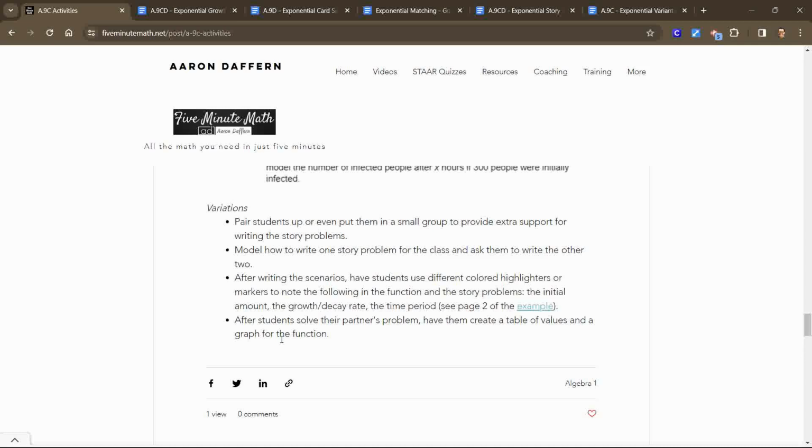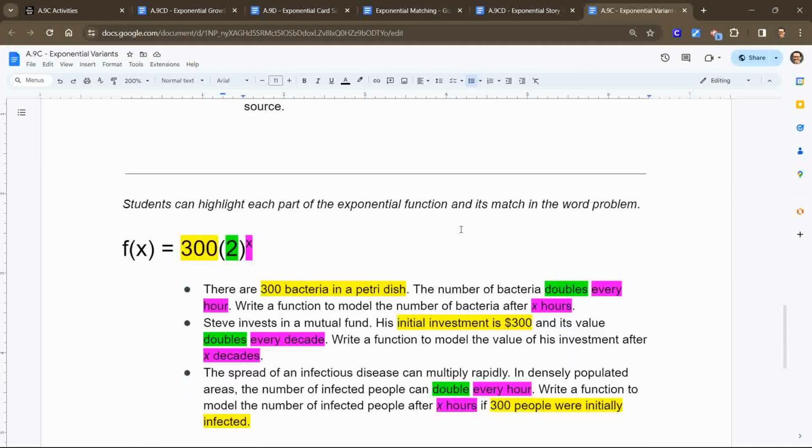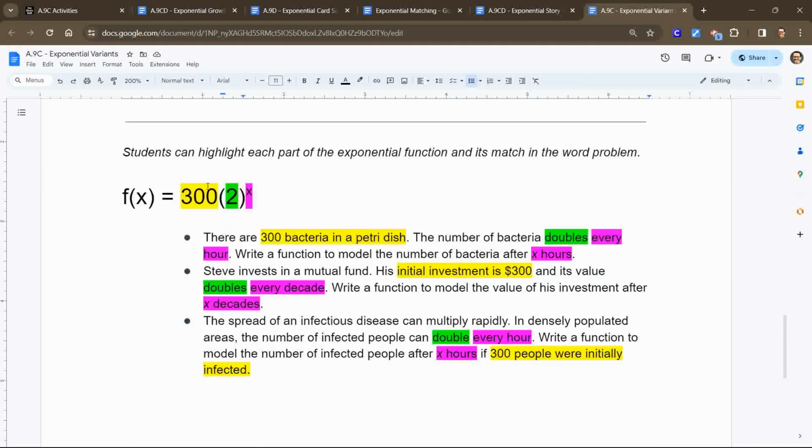Obviously, you want to give them those contexts so they can think of different ways that you can use exponential growth and decay in real world situations. You might want to model how to write a story problem for the class and then ask them to write the other 2, so you give them that scaffold. After writing the scenarios, have students use different color highlighters or markers to note the following in the function. So that's what we have down here. You notice I'm using yellow for the initial amount in each of these 3.